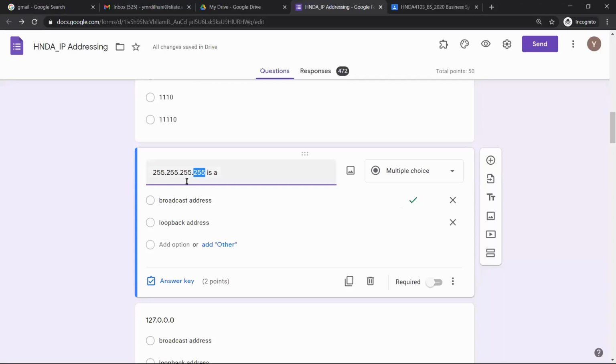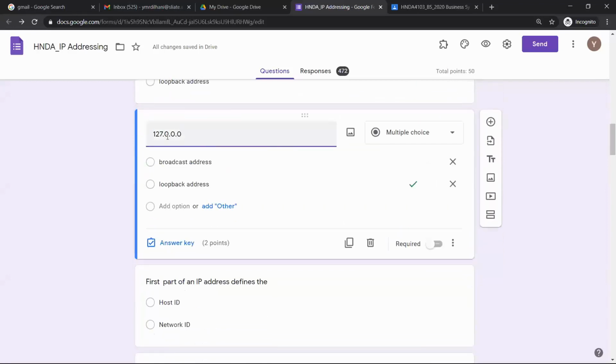Right? All 32 bits are filled with ones. This kind of address we call the broadcast address. This address is used to send messages in broadcast pattern. So the message will be broadcast to all the devices connected to that network, right?